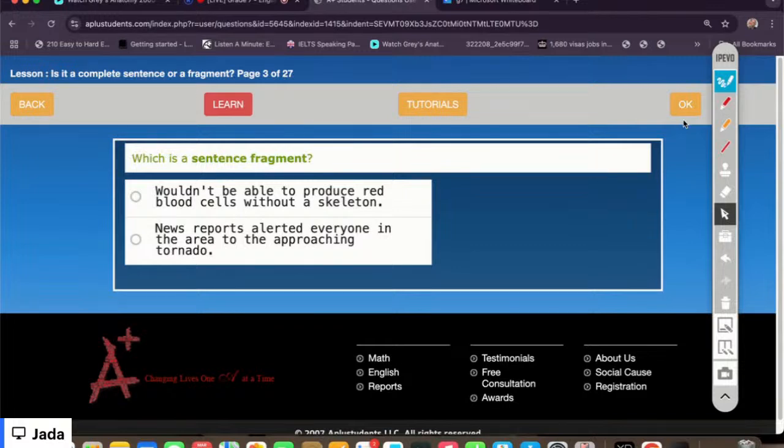Alright, so wouldn't be able to produce red blood cells is the sentence fragment here.